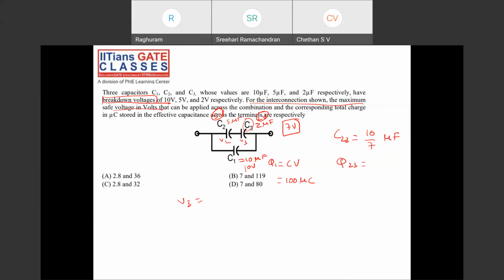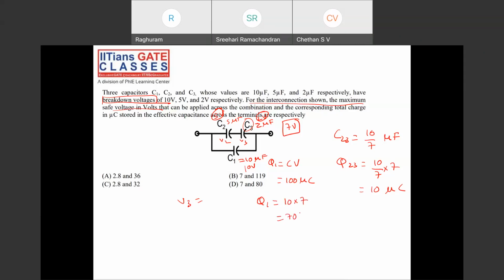Q23 can be 10 by 7 into 7, Q is equal to CV, 10 microcoulombs, right? Yes. So C1 can only have 7 volts. So Q1 can be C is 10 into voltage 7.